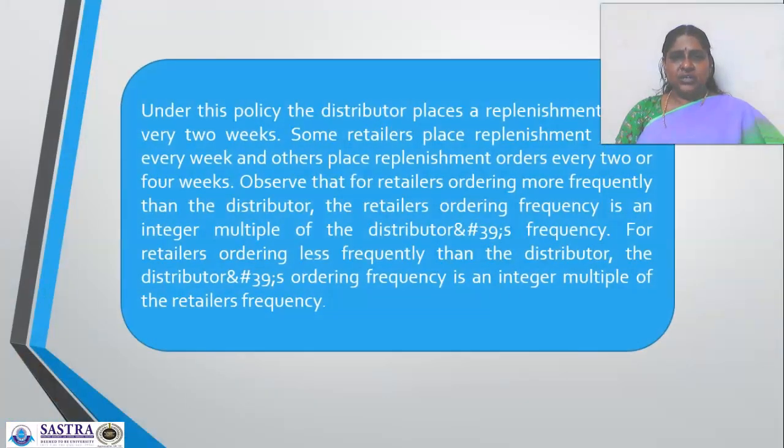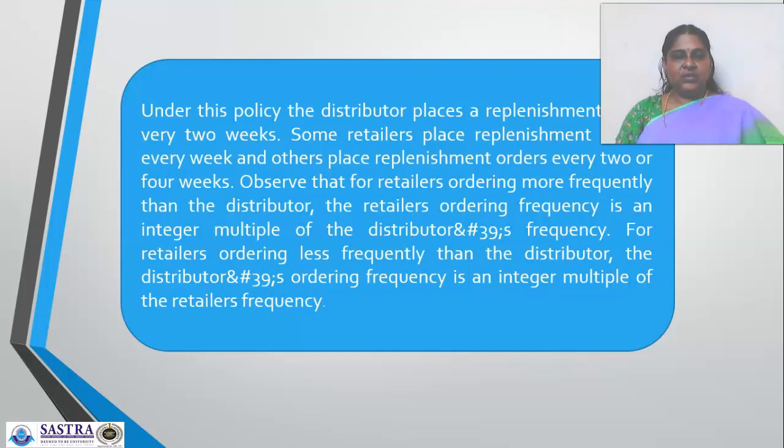Under this policy, the distributor places a replenishment order every 2 weeks. Some retailers place replenishment orders every week, and others place replenishment orders every 2 or 4 weeks. Observe that for retailers ordering more frequently than the distributor, the retailer's ordering frequency is an integer multiple of the distributor frequency.